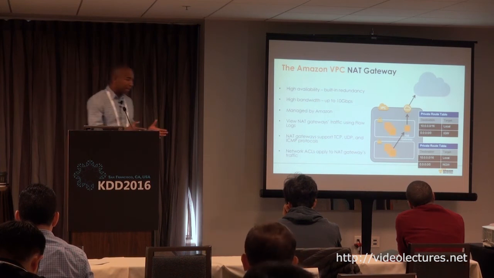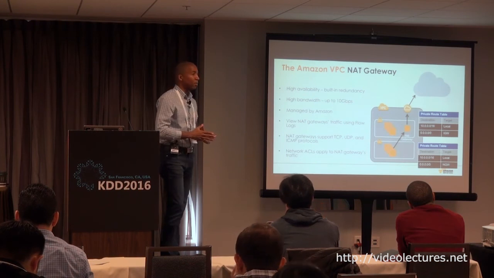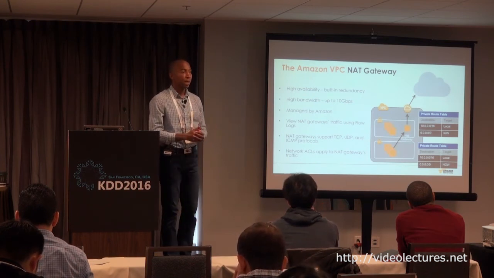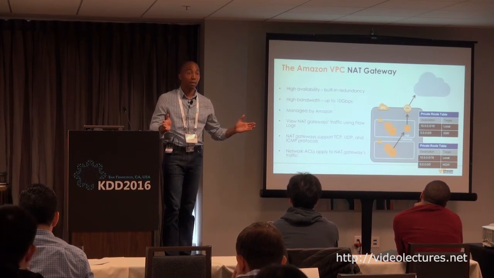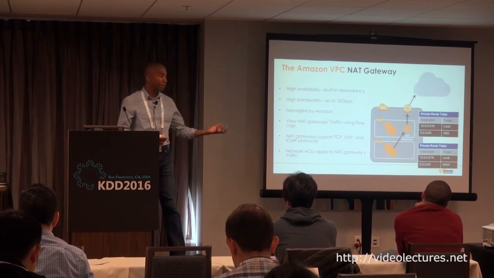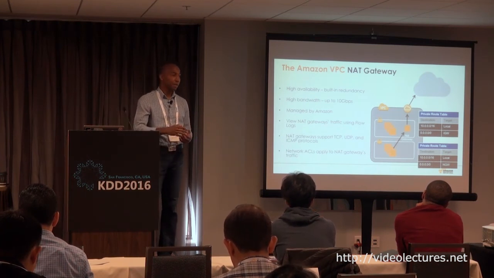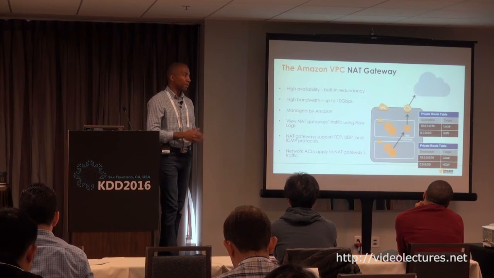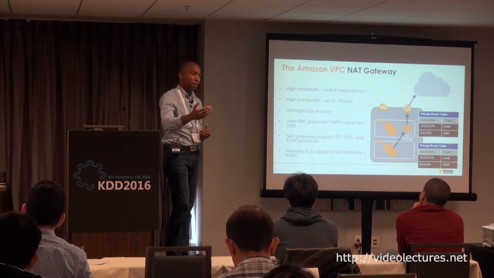Now, to build high availability with the NAT gateway, we recommend launching two. So you have one in completely different availability zones. So if something happened to one availability zone, you will still have a NAT gateway going that you can add to your route tables, all right? So the high availability of it is limited only to an availability zone.